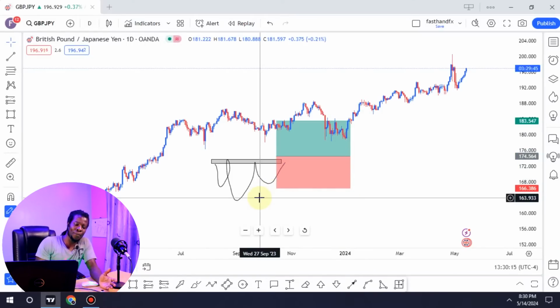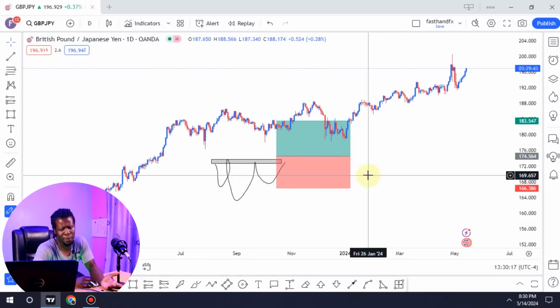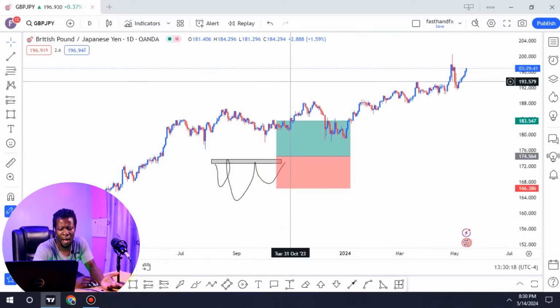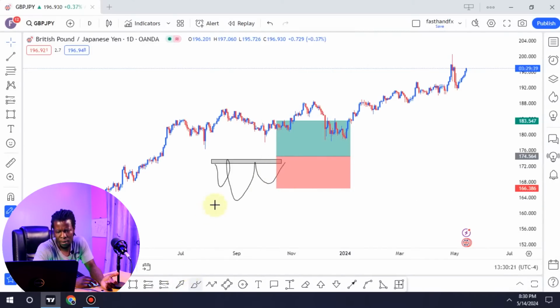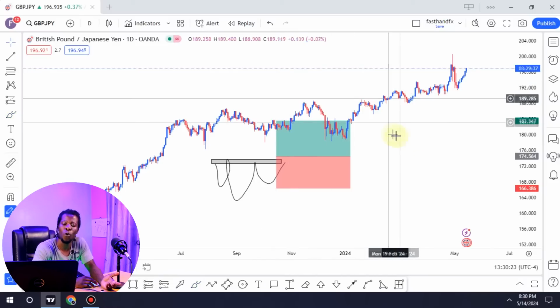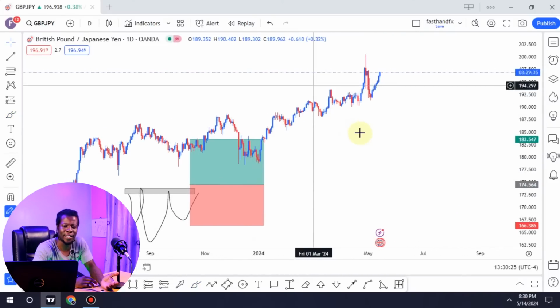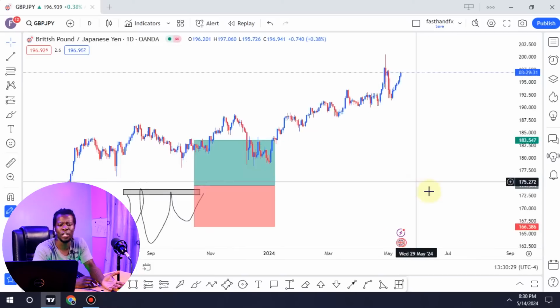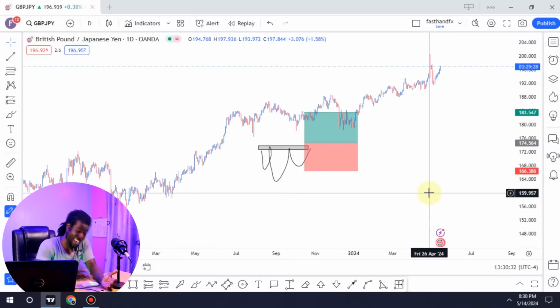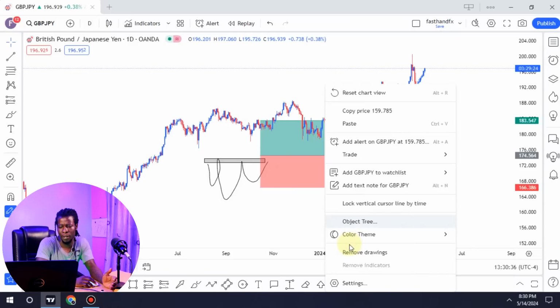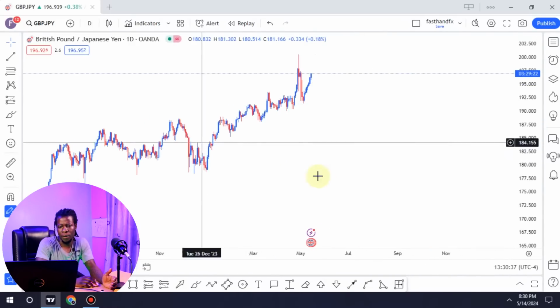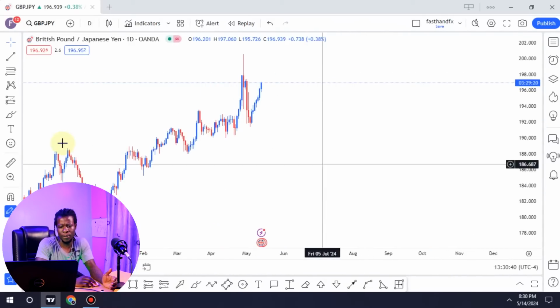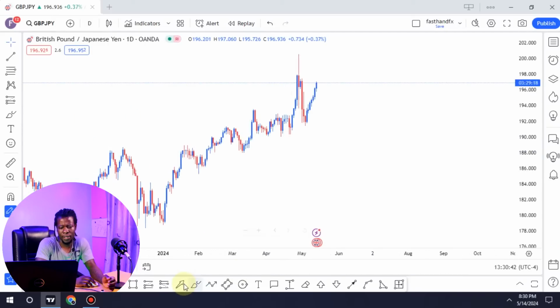Okay, but I've come to realize that that might not be the case. Before that, I do say that you hide the left shoulder. That is what I came to realize, guys. When you see an inverse head and shoulder or a head and shoulder, I do recommend that you hide the left shoulder. Just a minute, let's do this once again.